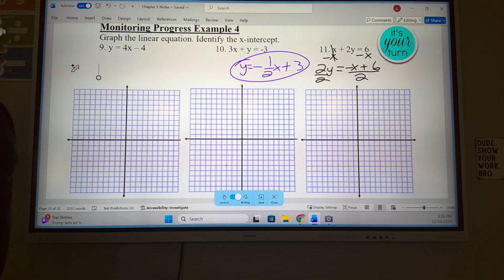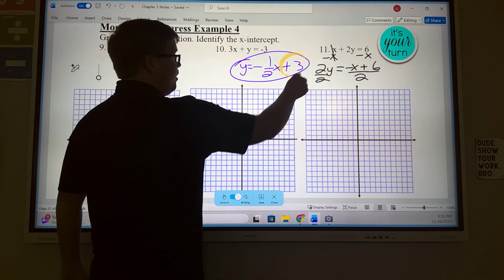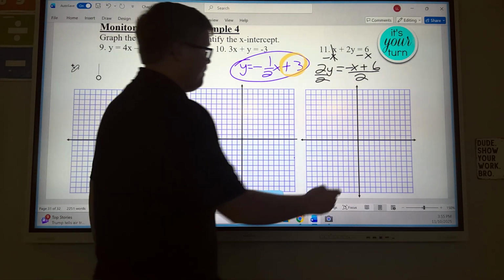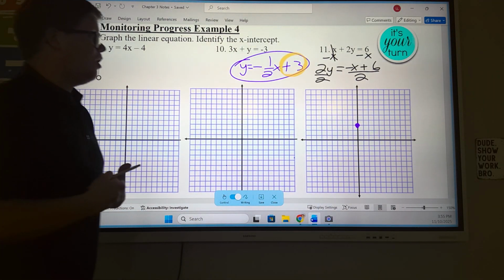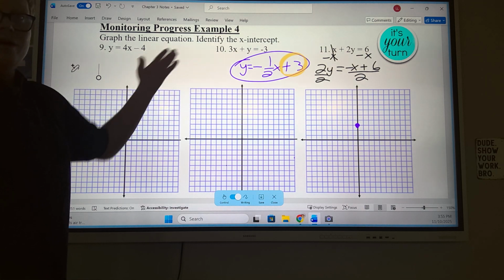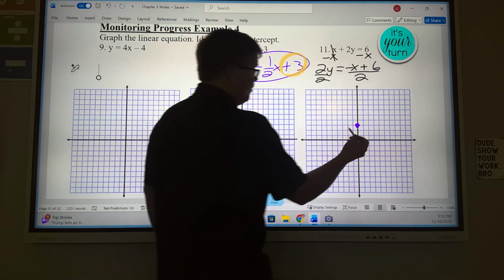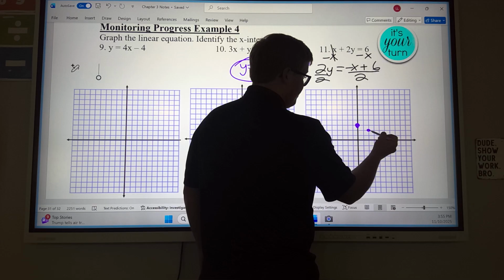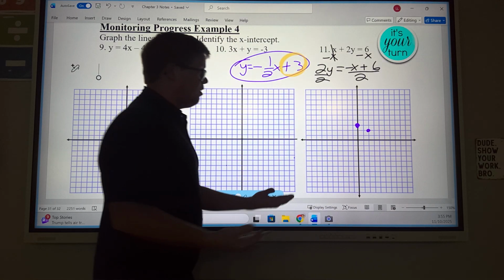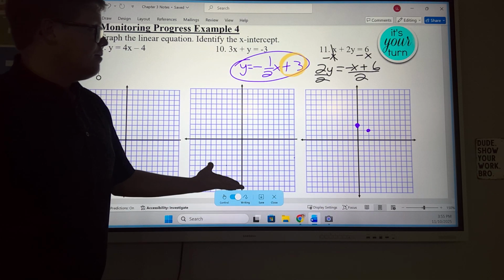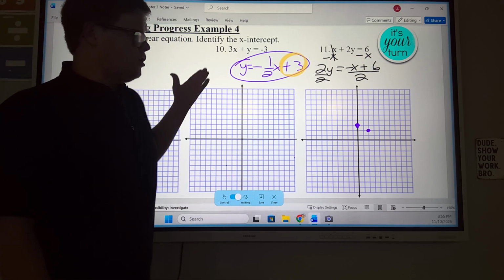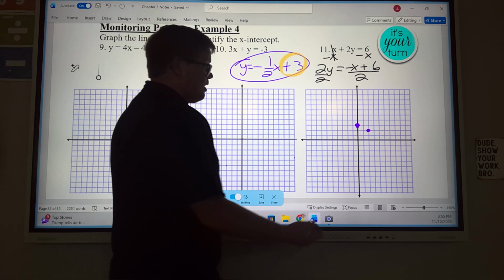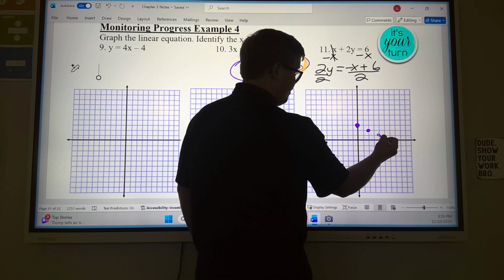Now let's graph it. Our y-intercept is always the whole number alone. That is at 3. Our slope is -1/2, which tells us we need to go down 1, right 2, make a point. Now, we still don't have our x-intercept yet, but what we can do to guarantee it without using a ruler and without trying to draw a straight line is just use that slope again, down 1, right 2.